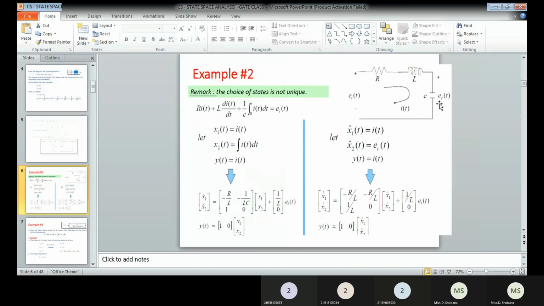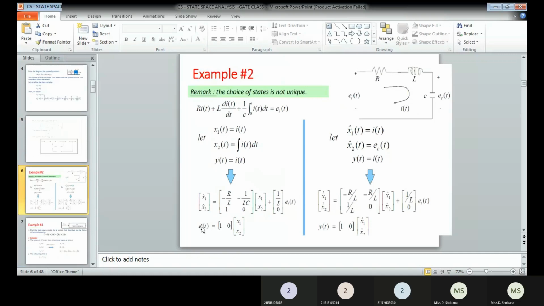Now you can substitute that into these equations and write the x1 dot and x2 dot equations. If you do that, you can see x1 dot is equal to minus R divided by L x1 and minus 1 divided by LC x2, plus 1 divided by L into E of t.